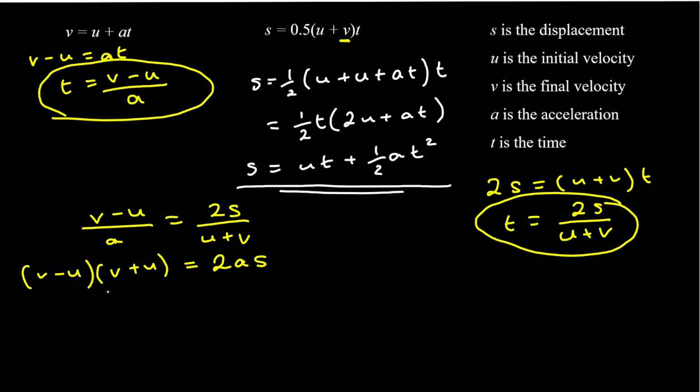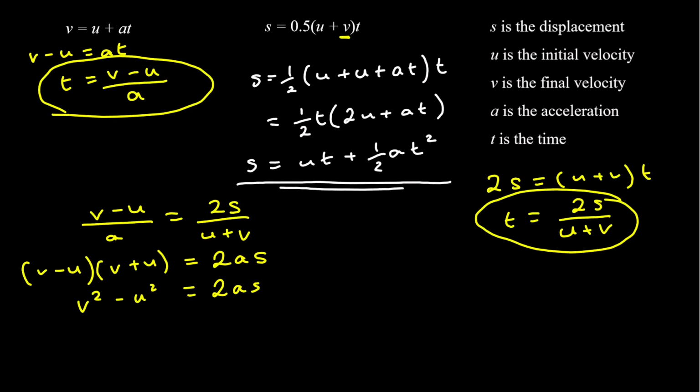If we expand the brackets, it's the difference of two squares: v squared minus u squared. So v squared minus u squared equals 2as. So v squared equals u squared plus 2as. And that is another formula we could use.